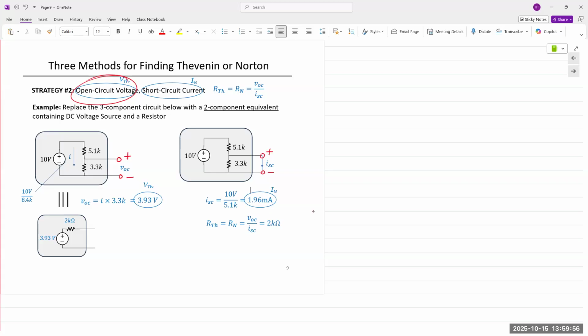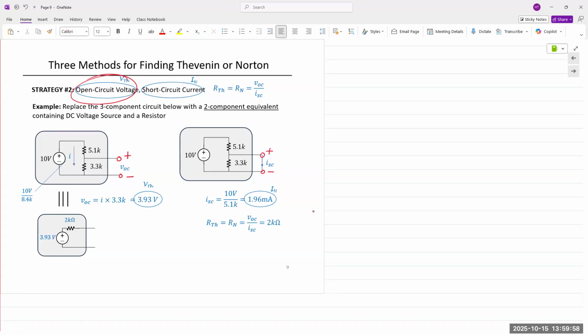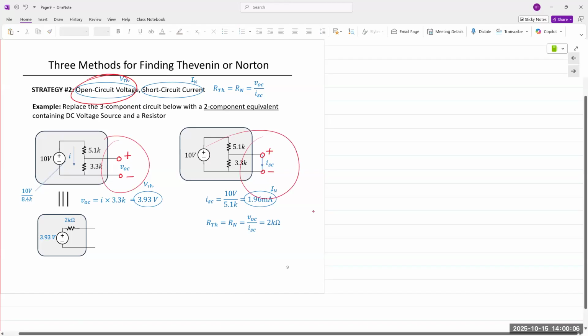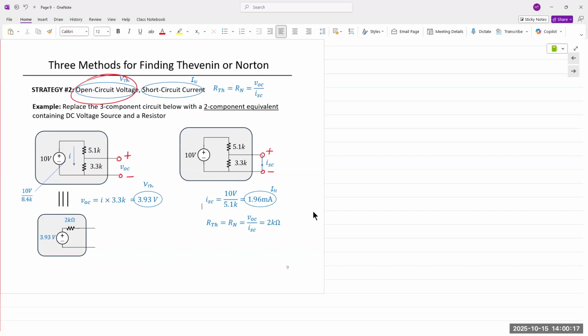Doesn't take long. Now, for Thevenin resistance, it's a little different, and we'll talk about that later on. But does everybody understand this? Open circuit voltage and short circuit current. Okay, you take any circuit and you wish to measure the Thevenin voltage, then you simply connect the multimeter to the output terminals. That's your measurement.